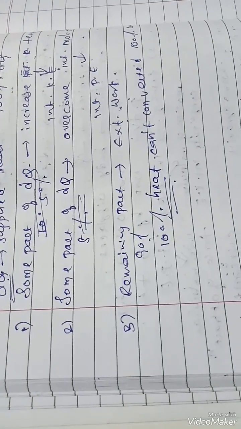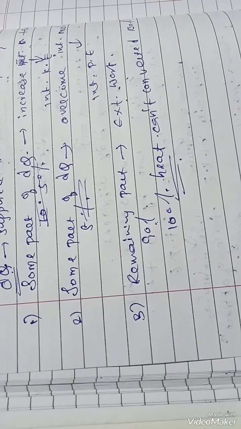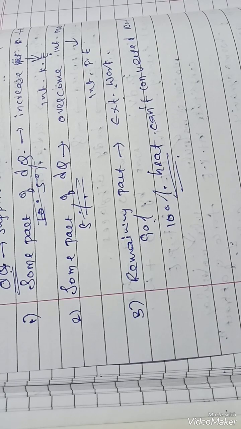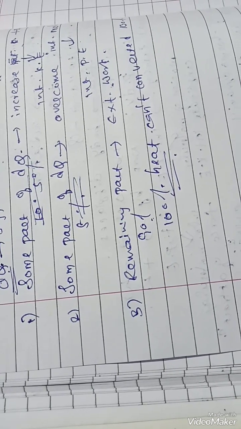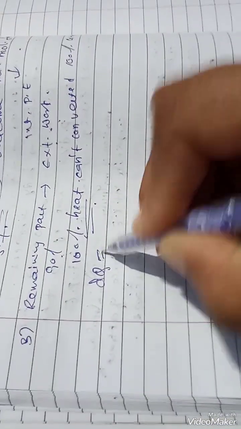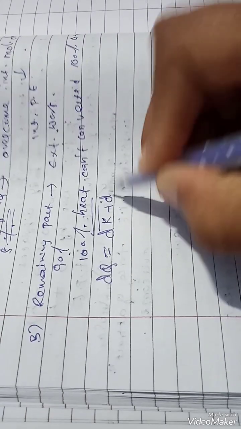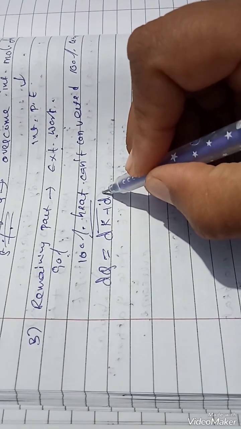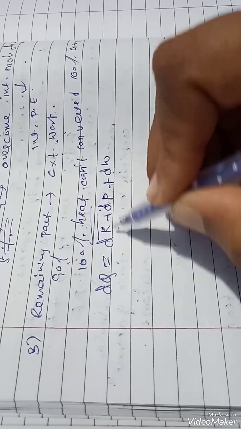Okay. Now let us see the mathematical formula for the first law of thermodynamics. The same thing which I explained can be written mathematically. Right? dq I supplied. It did some internal kinetic energy, overcoming the intermolecular force of attraction, which is equivalent to the internal potential energy, plus external work.